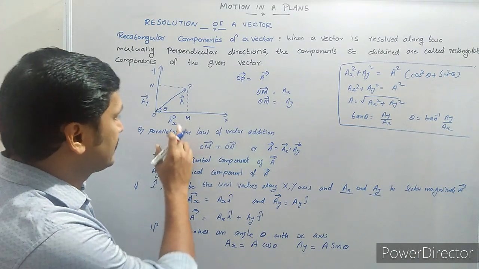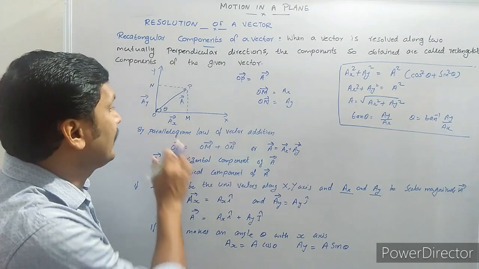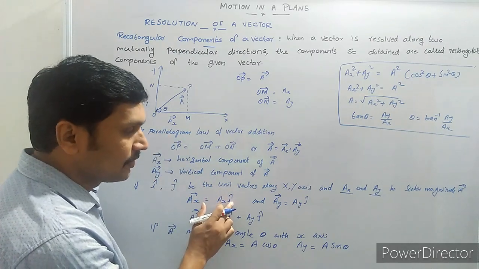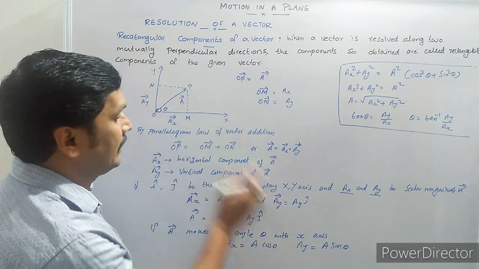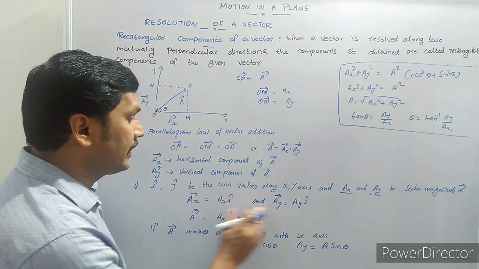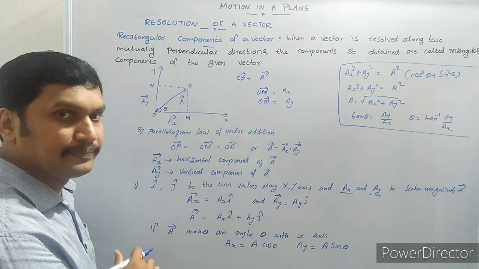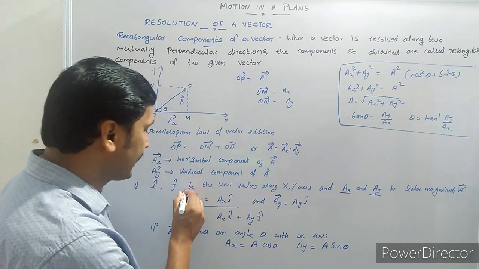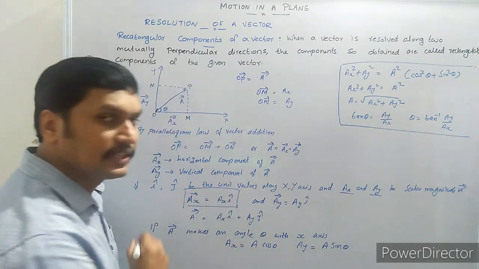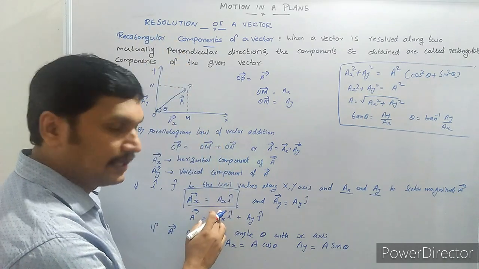Now we can write vector Ax is equal to magnitude Ax into i, and vector Ay is equal to magnitude Ay into j, because i and j are the unit vectors along Ax and Ay. So vector Ax is equal to magnitude of Ax into i, because i is a unit vector along Ax.